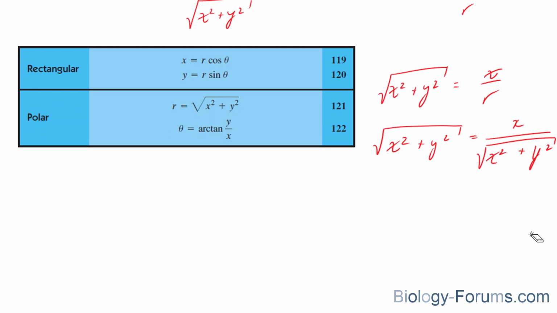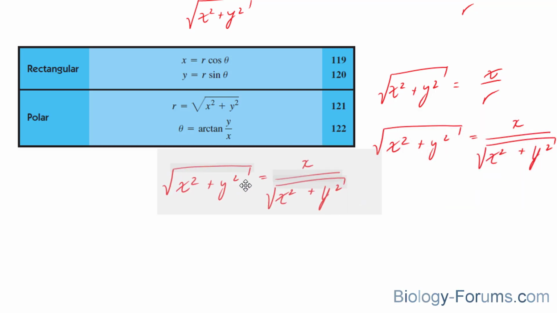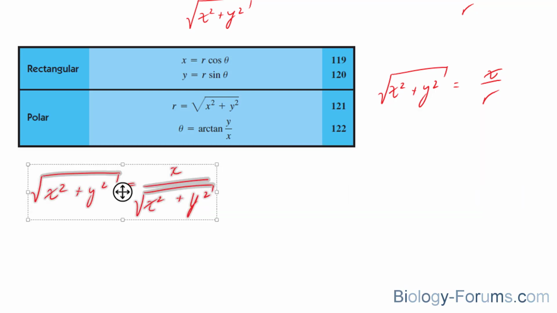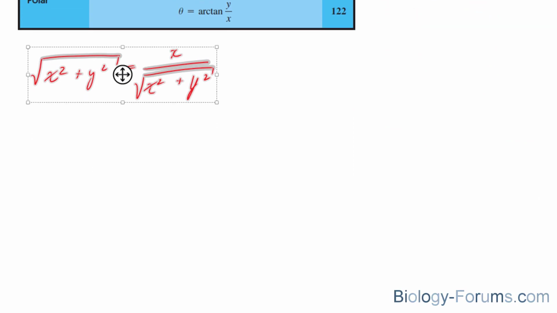So how do we make this in terms of y is equal to? Well, first I'm going to move this down here so we have more space. And what we will do is to solve for y, I'm going to get rid of this part right here. And I can do that by multiplying both sides by the square root of x squared plus y squared.